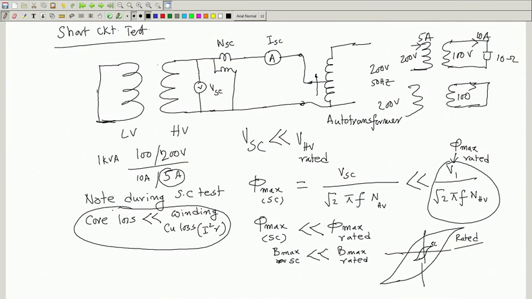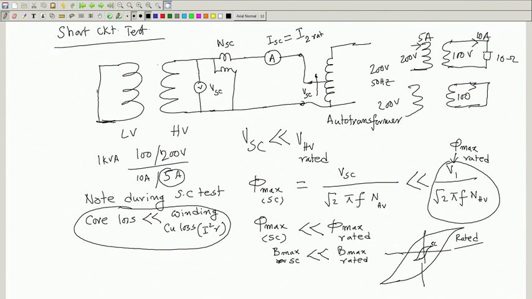Here I have told you, from what is called physical interpretation, why core loss can be neglected during short circuit test. In other words, during the test, I will apply such a voltage VSC that ISC becomes equal to I 2 rated, on the HV side, which I am calling side 2 compared to my previous thing, same transformer I am working with.